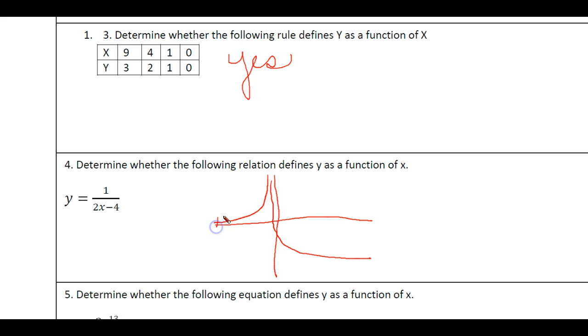Well, as you go along here, the x elements are used only once, and this line never quite reaches a middle line here, this vertical asymptote. So the answer is, for something like this, the rule does define a function, because the x elements are only used once. Whatever you put in there for x is only used once. So this is a yes.